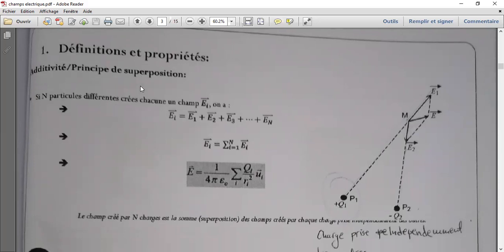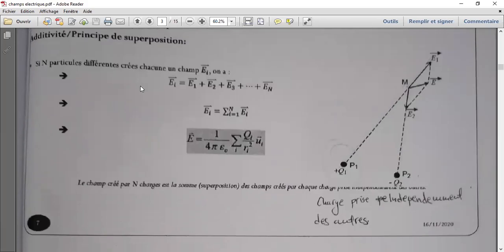For example, you have this point M, and you see that there is charge Q1 and charge negative Q2.